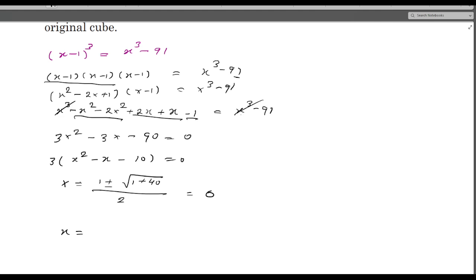Okay. So the value of x is 1 plus root of 41 divided by 2. So the answer is 3.7. Now if you do 3.7 cube, it is 50.65.